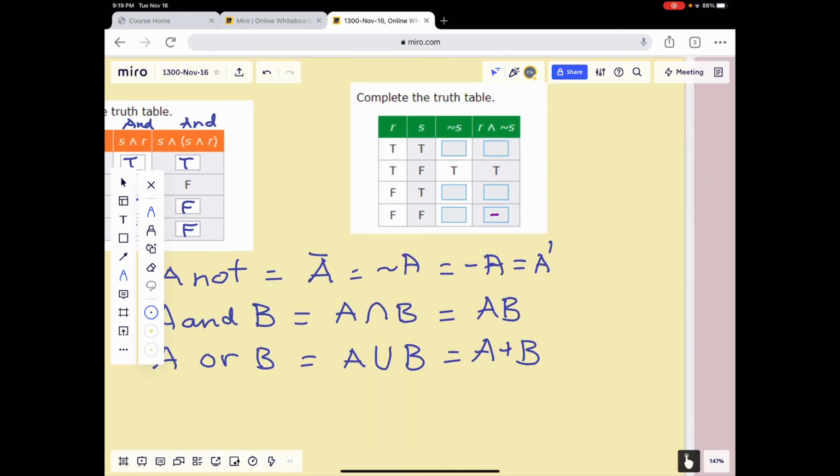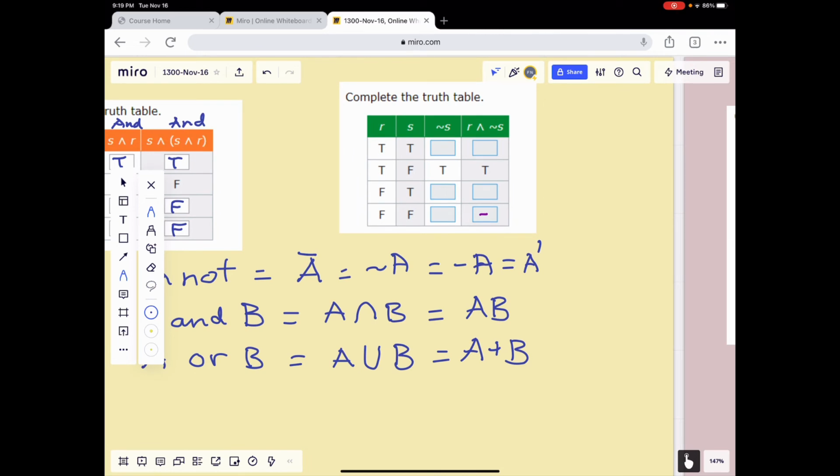So you're going to do over here, this one is negation, so you put down S bar if you want to write down another symbol. And this one is intersection, that means multiplication, so that's it, and. All right, so let's do it now. Negation of S is false because true turns to false, and false turns to true. Negation means opposite of S, not S is true, not S is false.